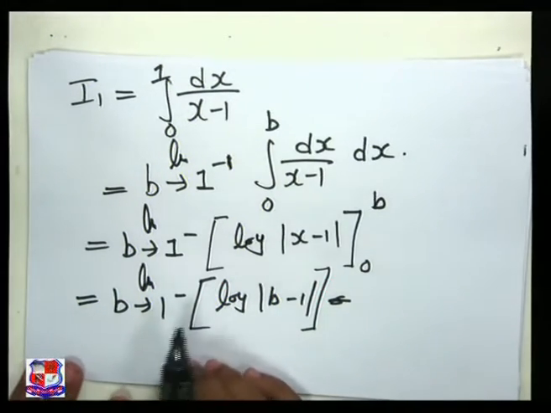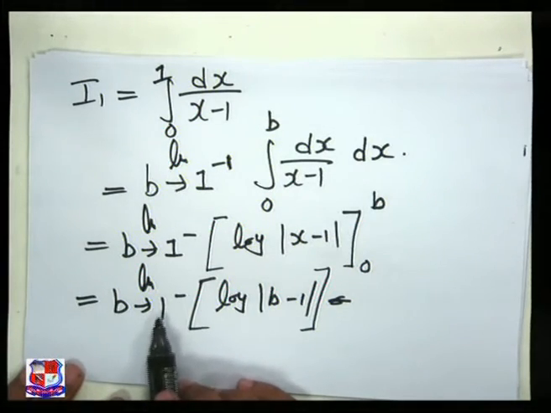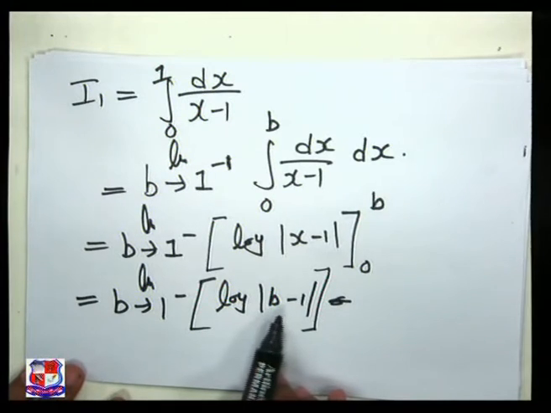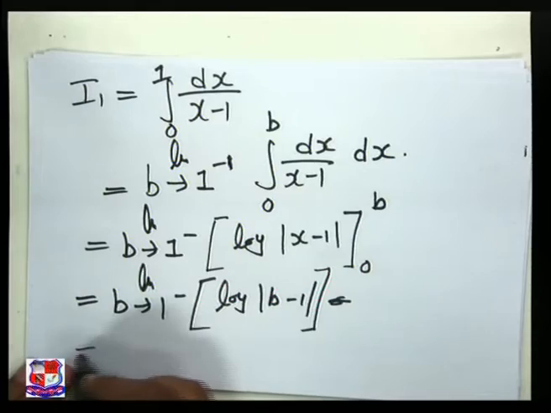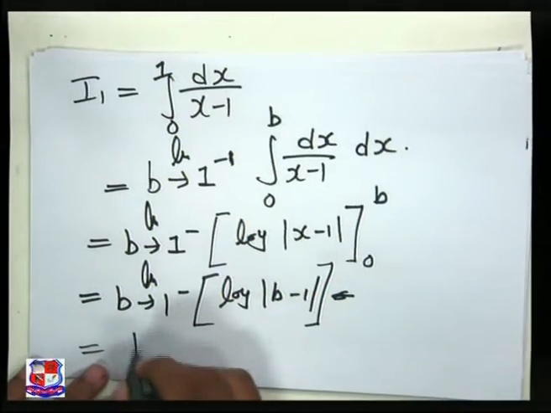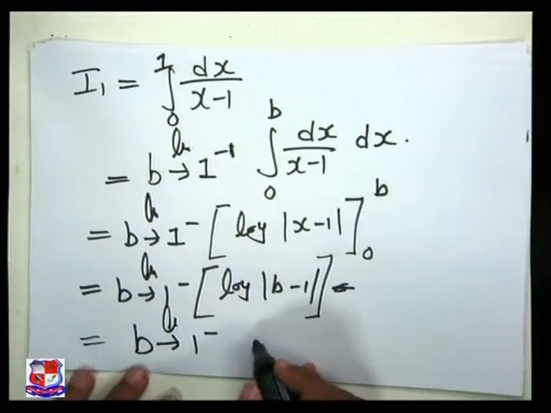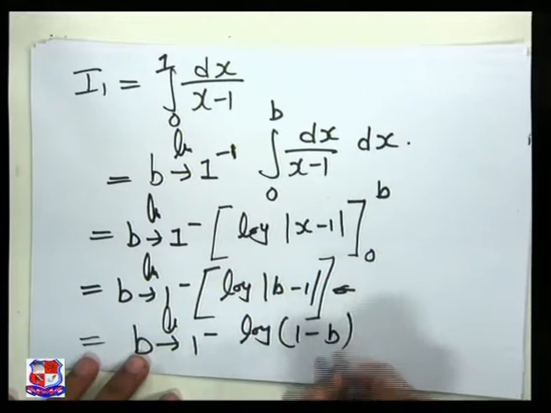Now you can see b tends to 1 minus, that means b is less than 1, so in that case the modulus of b minus 1 becomes 1 minus b. So this is equal to log of 1 minus b.